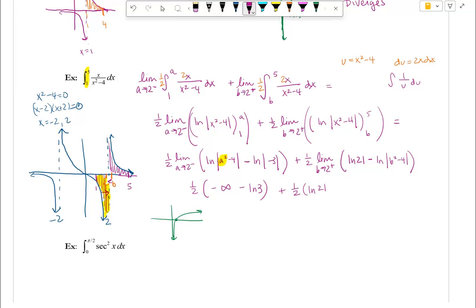And again, the natural log of 0 is as close as we could get to being negative infinity there. So we get a negative infinity for our leftmost area, and we get a positive infinity for our rightmost area. But those don't cancel out or anything. This diverges. That area accumulates to be positive infinity, but that means that this whole thing diverges.